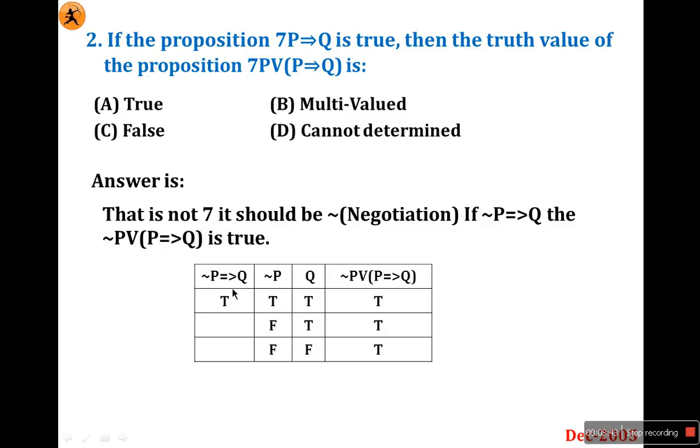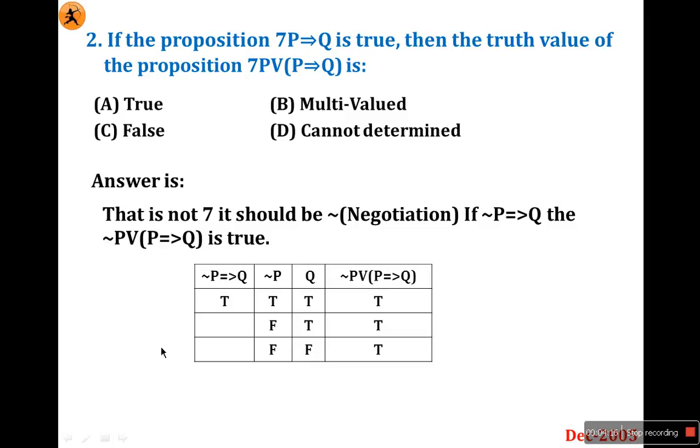If it is true, then the logical answers are true, false. Now, negation of P or P implies Q. This is negation of P implies Q. In an OR condition, if both are false, then the answer is false; otherwise it is true.